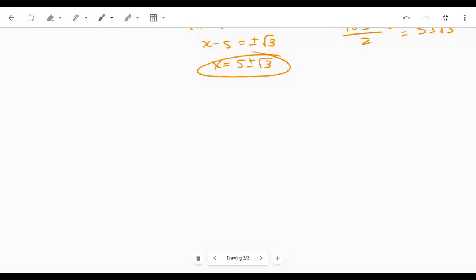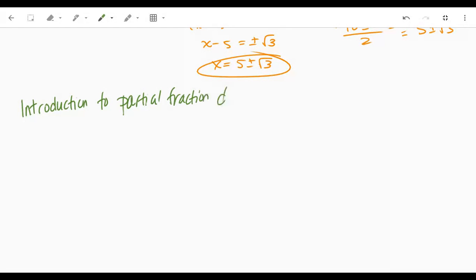Okay, so we have introduction to partial fraction decomposition with distinct linear factors.